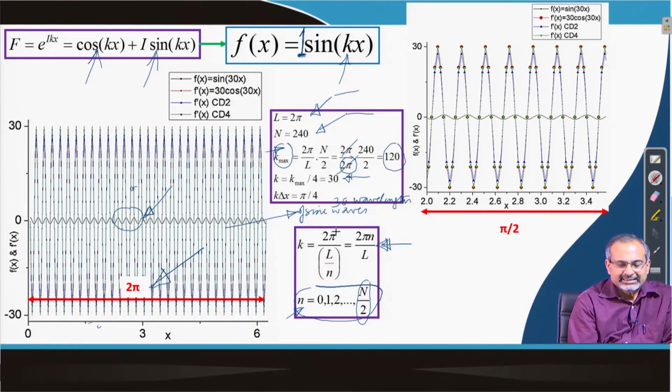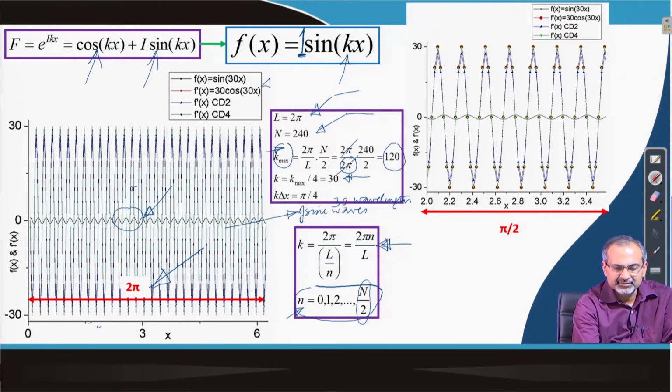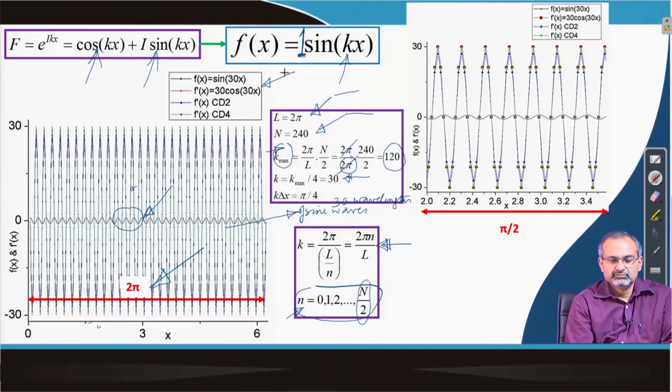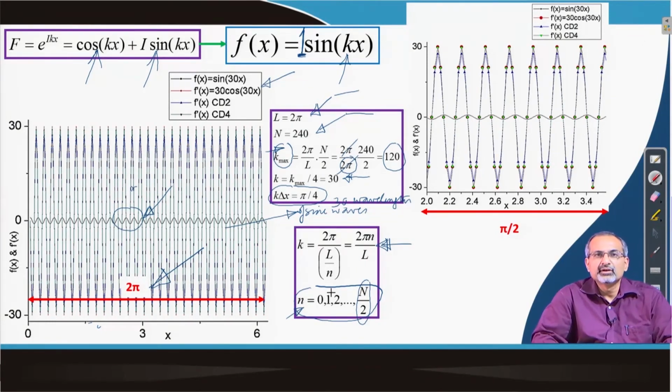Here we are trying to see how the finite difference schemes CD2 and CD4 are doing in finding out the derivative f dash. So, we know that the exact derivative in this case will be given by 30 times cos 30x, and then we need to see how well that is approximated by the CD2 and CD4 schemes. Remember that the k that we have chosen corresponds to pi by 4, and you may recall that pi by 4 is a rather small value compared to the full scale value of pi in the modified wave number plot.